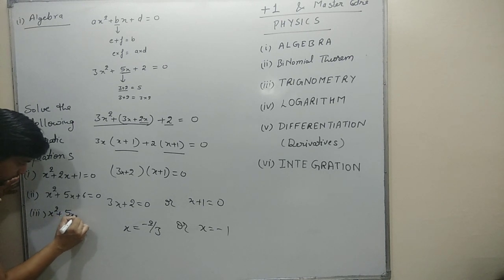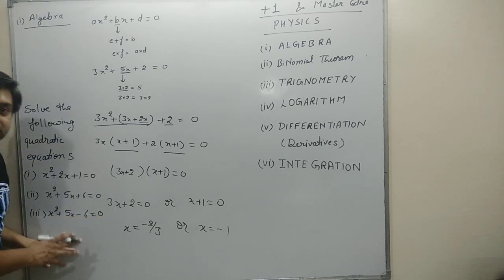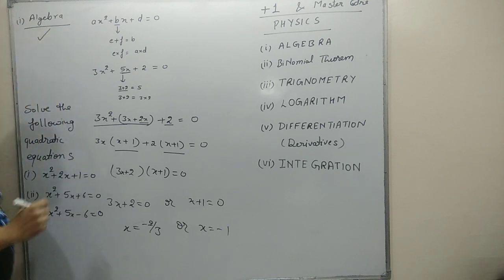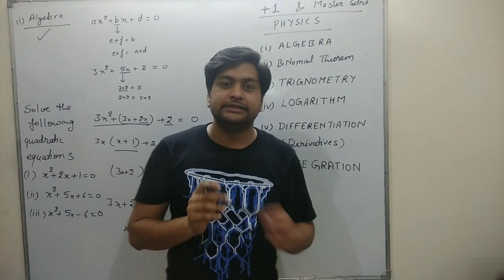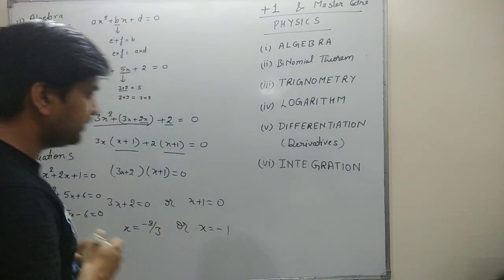So this is your homework. You can solve and send me the answers of these. Also in algebra we have one more topic, that is binomial theorem. So we will do that.